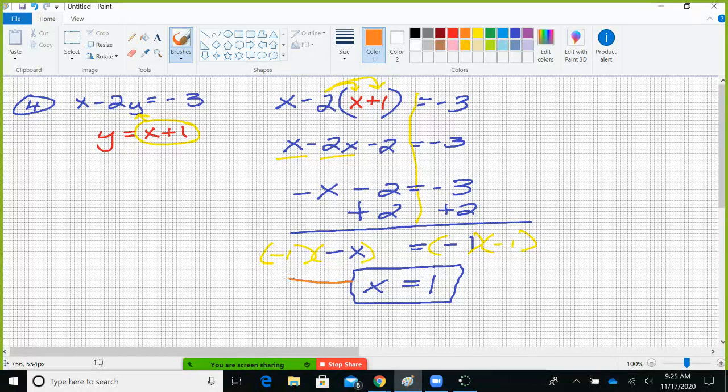Perfect. I'm going to take this x value, because that's the value of x. I'm going to plug it in here. That's exactly right. So y equals, and we know our x value is 1 plus 1.